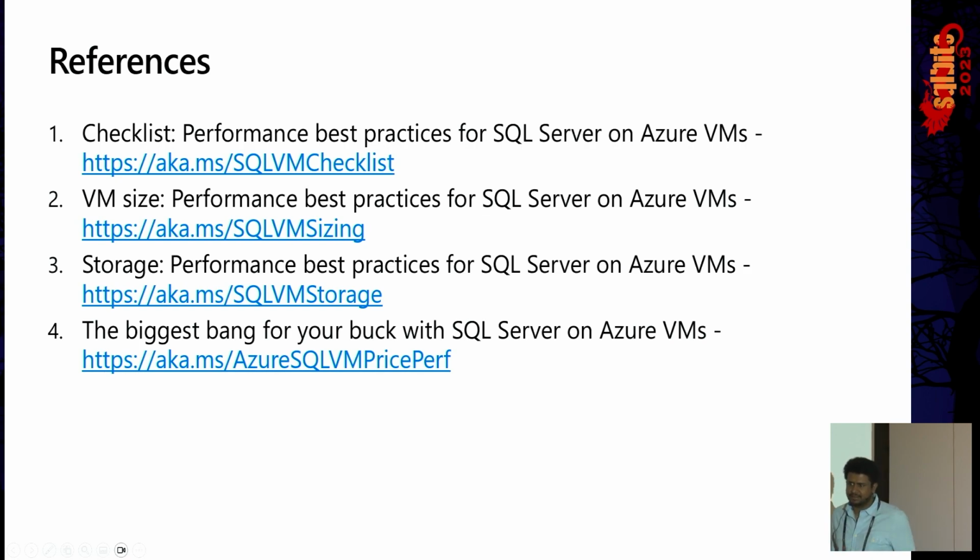Yes, sir. You're talking about automatic patching for the VM, both SQL and the operating system, and do you have any ability to control when that happens? That's a very good question. The question is, in automatic patching, do you have the ability to change when to apply those patches? So today, what we support is only the security patches, GDR patches for SQL and Windows. That's the only thing that is being supported.